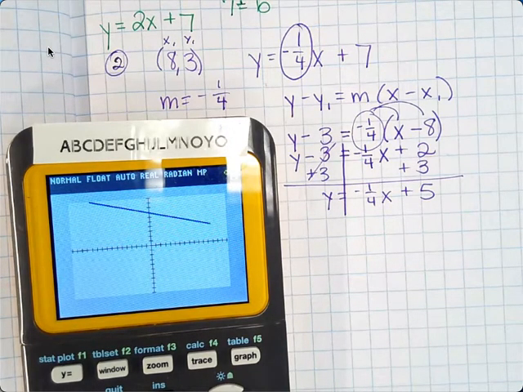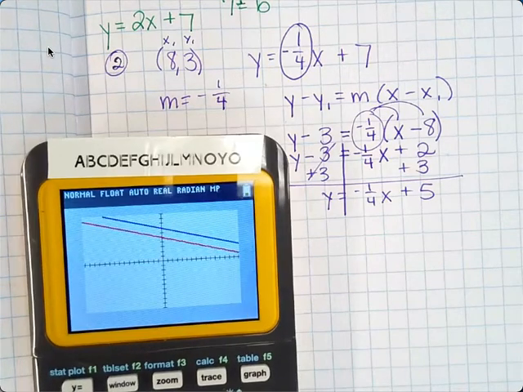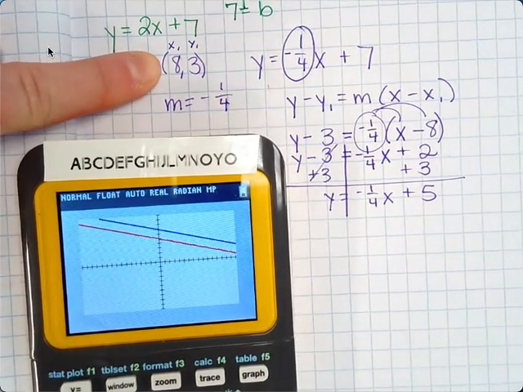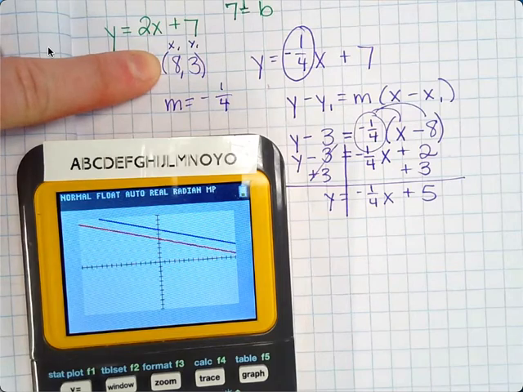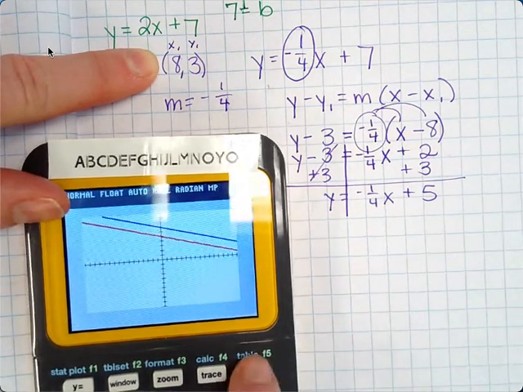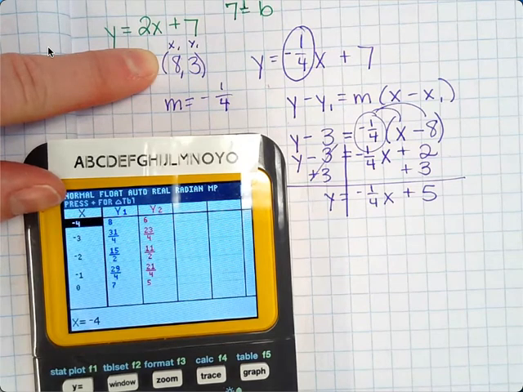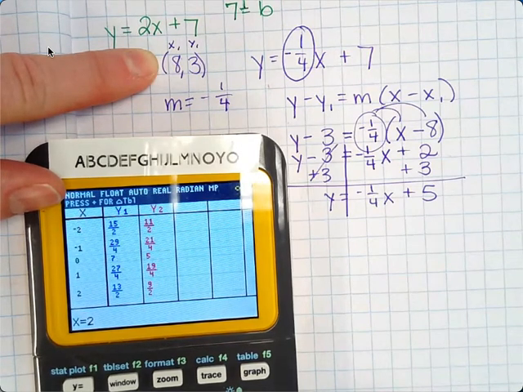Negative slope, it's going downhill. Looks pretty good. Okay, and then we want to check the table and make sure that (8, 3) is a point for the second equation. So go to second graph. I want to look for 8 on the x's.